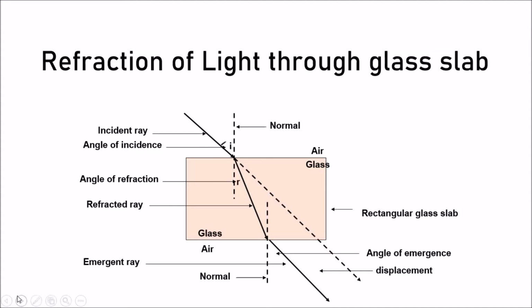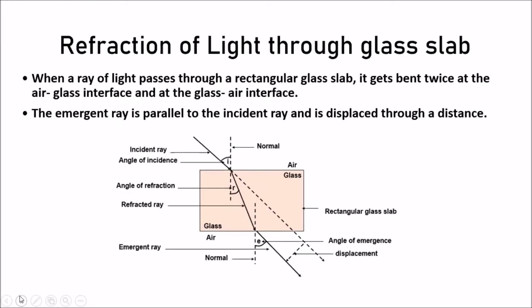Next, we can see the angle of refraction for the glass-air interface, but because light is moving out of this glass slab, we call it the angle of emergence. We represent it with the symbol e. And we can see this is the displacement. We also call it lateral displacement from the original path.